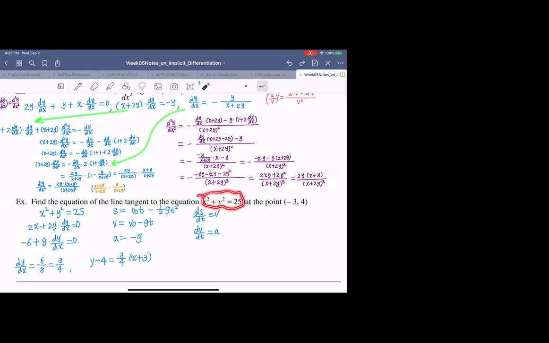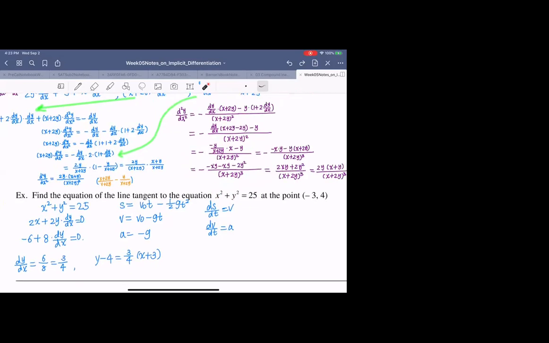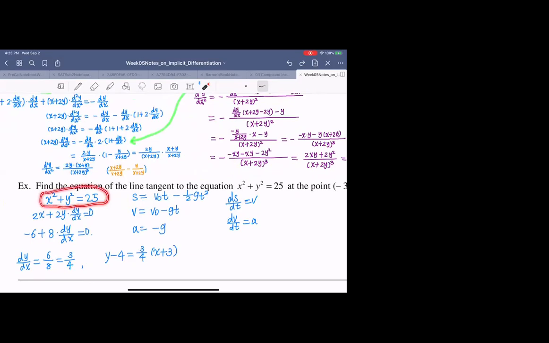Based on the implicit method, you take the derivative of each term. X squared derivative is 2x. Y squared derivative is 2y times dy over dx, equals 0.